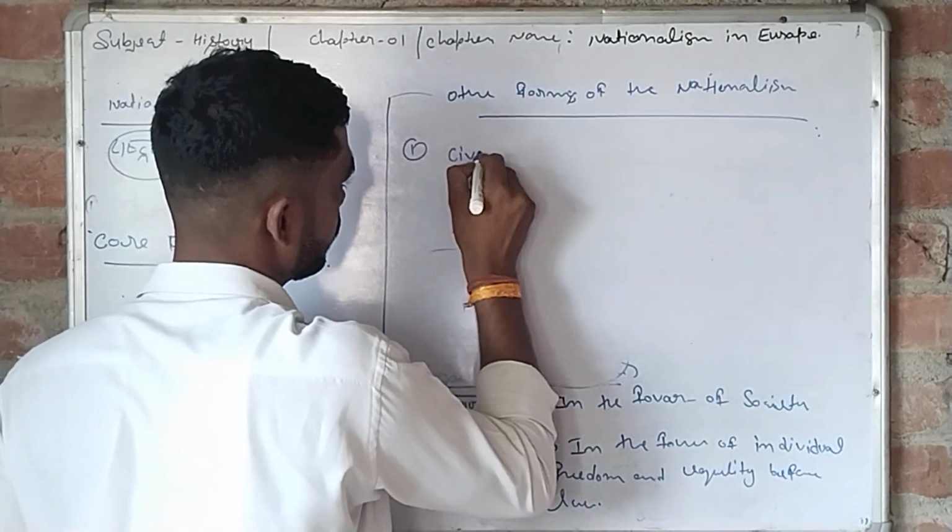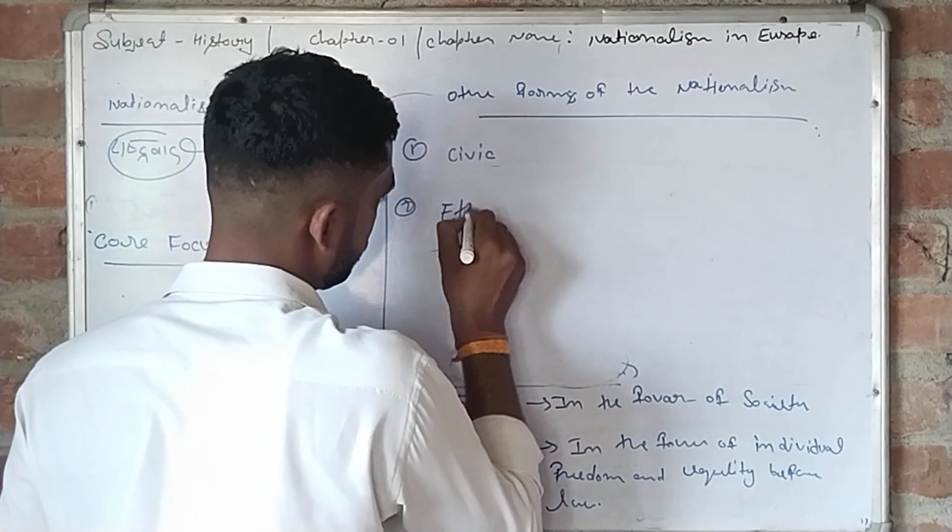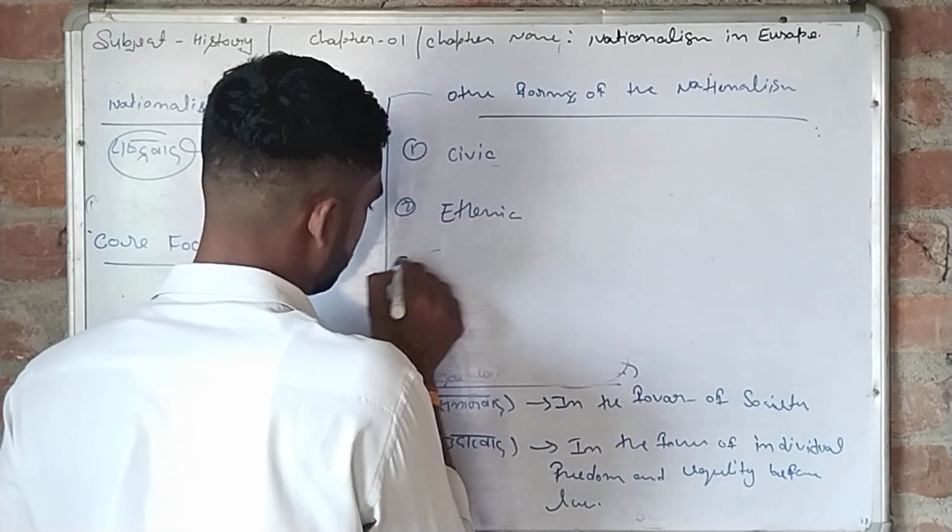First is civic, the second is ethnic, and the third is cultural.